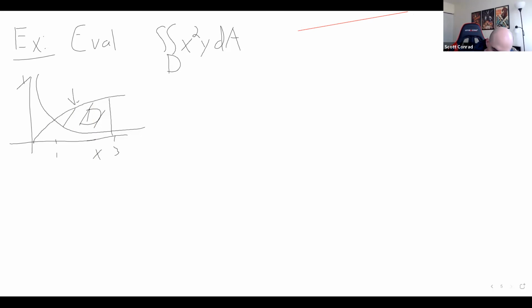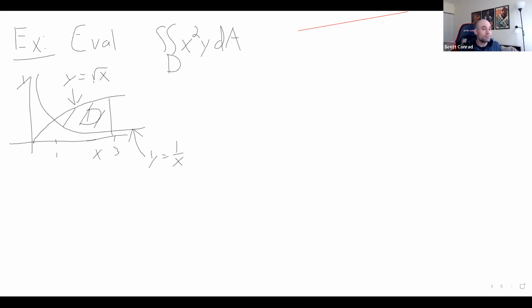So this top guy is y equals square root of x, and this bottom guy is y equals 1 over x. So no matter where you intersect a vertical line, you're always going to hit the top on y equals root x and the bottom on y equals 1 over x.